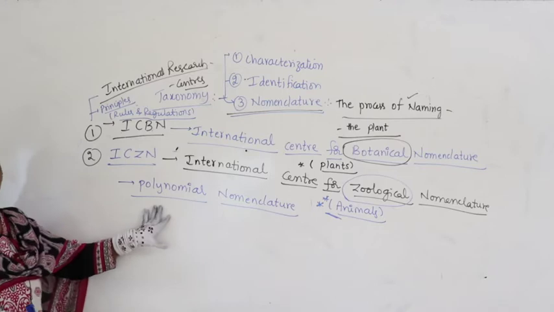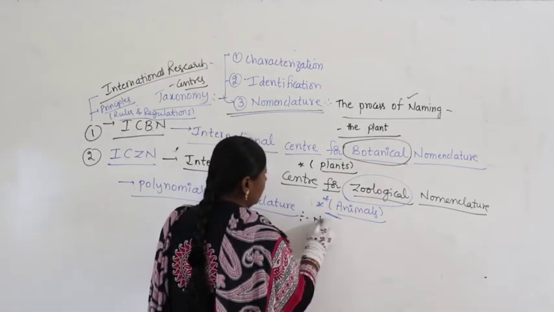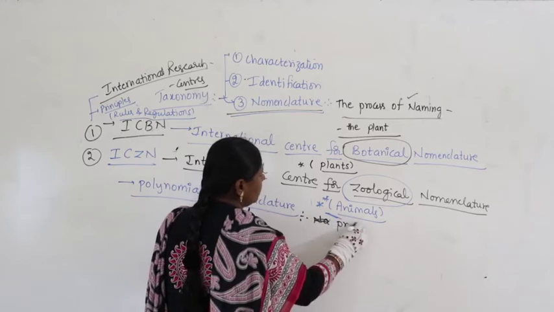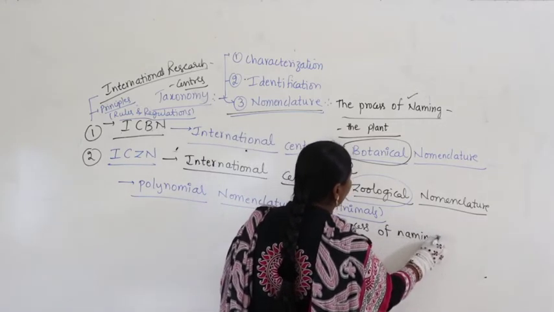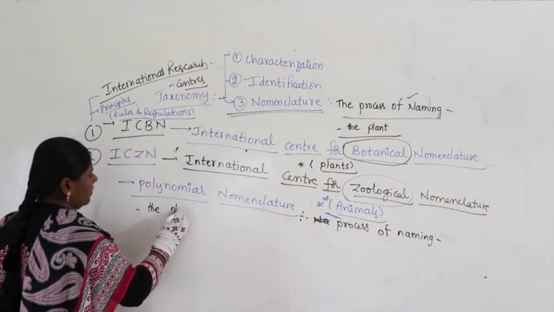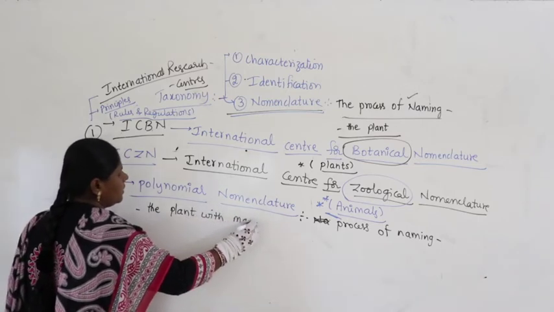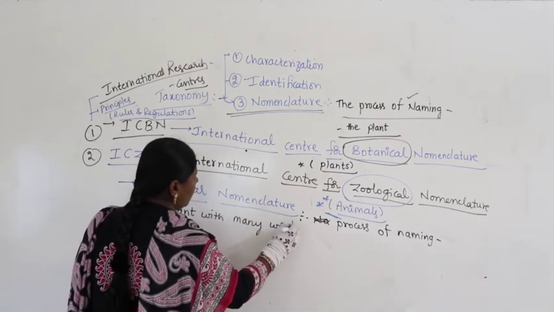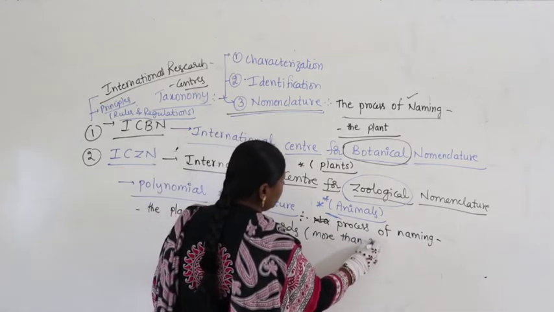Polynomial nomenclature means the process of naming the plant with many words, or more than 3 words.